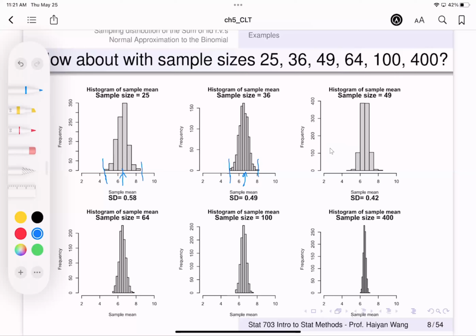When we have a sample size of 49, it also shrinks further. And similarly, a sample size of 64 gets even smaller. Sample size of 100 and sample size of 400. As we increase the sample size, the center seems to stay where it is. And that center, in fact, is the actual population mean. These averages we computed from the samples are centered at this population mean, and the variation reduces as the sample size increases.